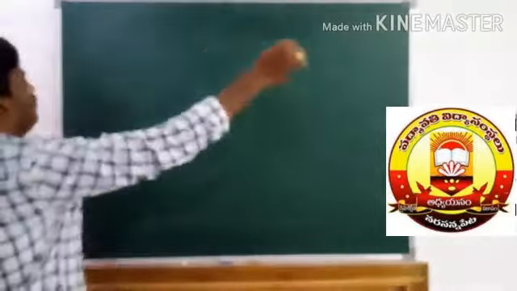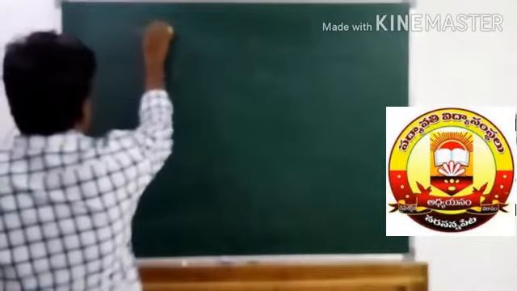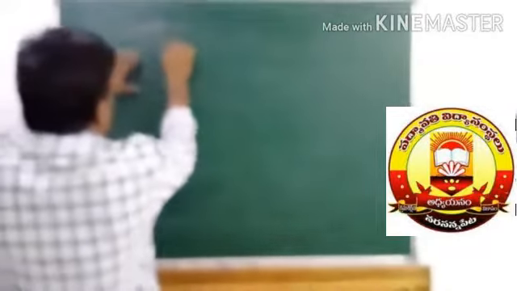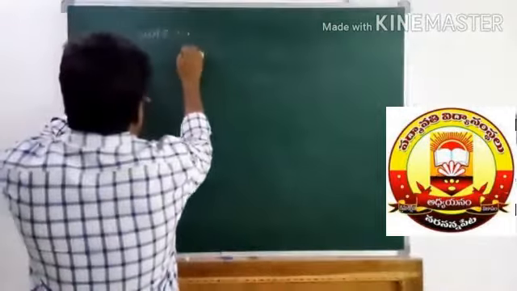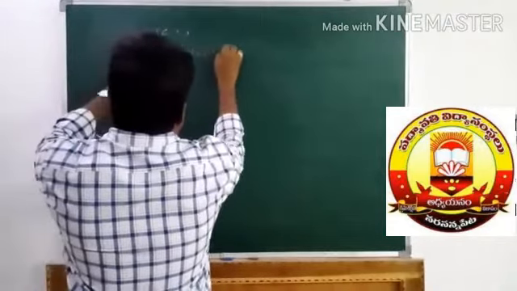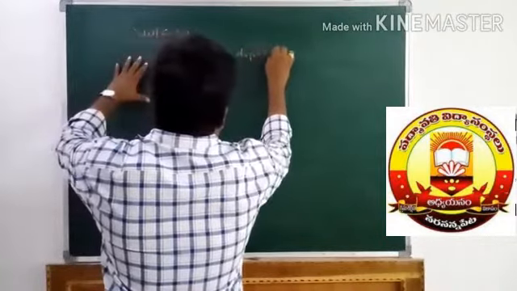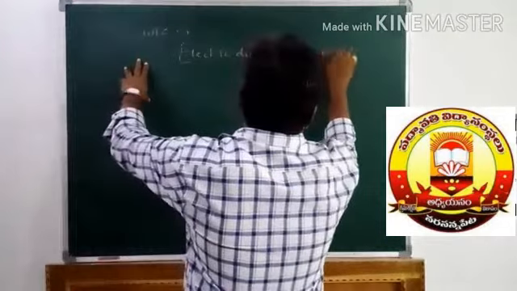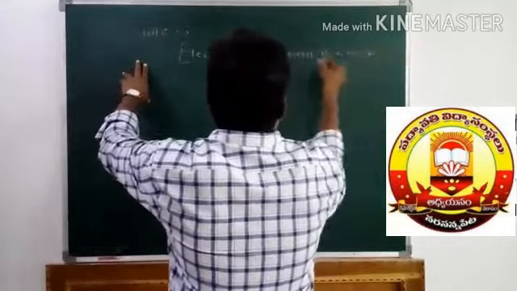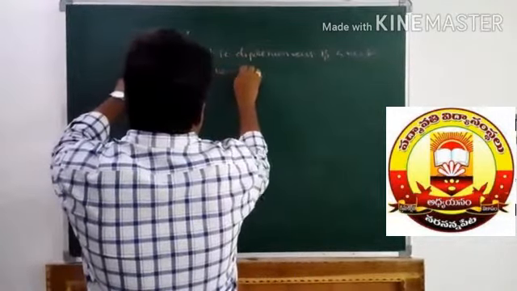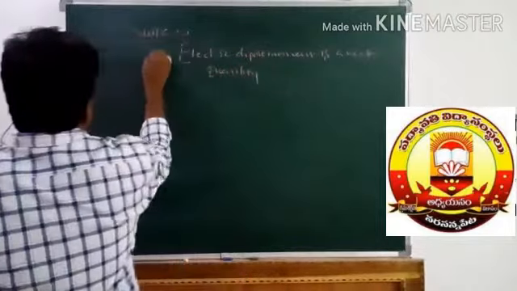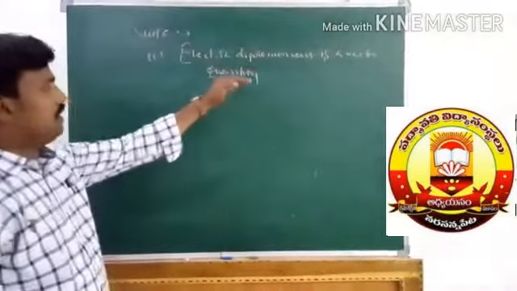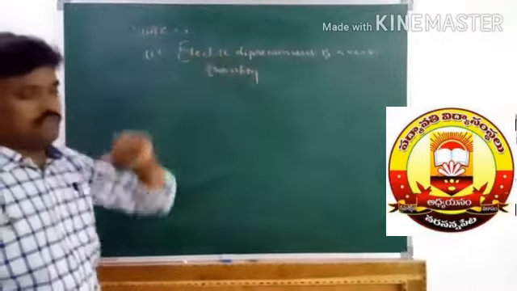An important point about electric dipole moment: it is a vector quantity. Let us write it down as a note. This is the first point. As it is a vector quantity, it should have a direction.